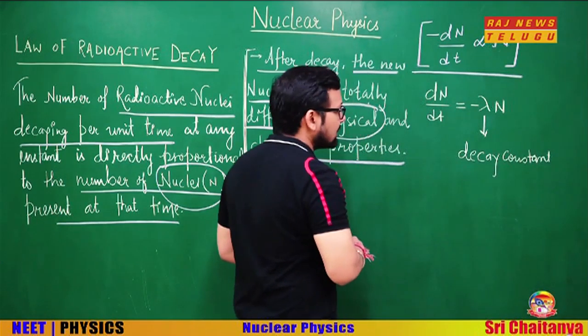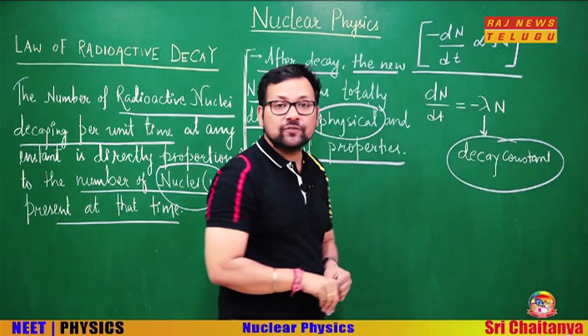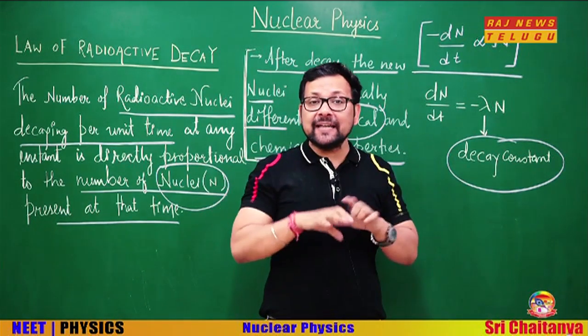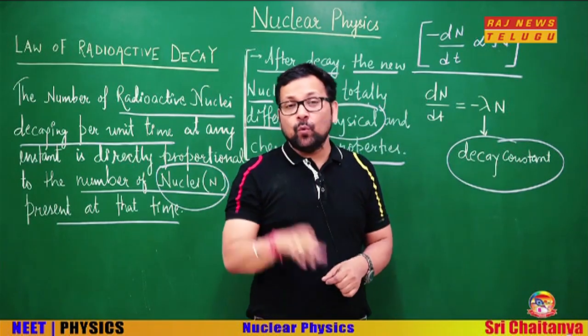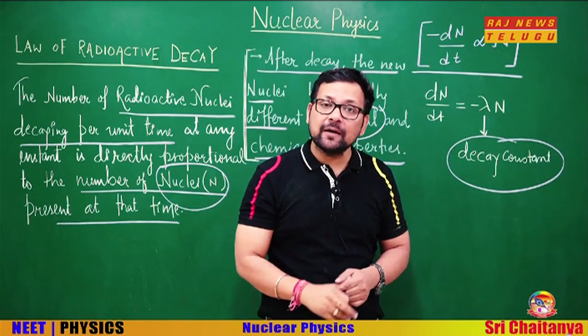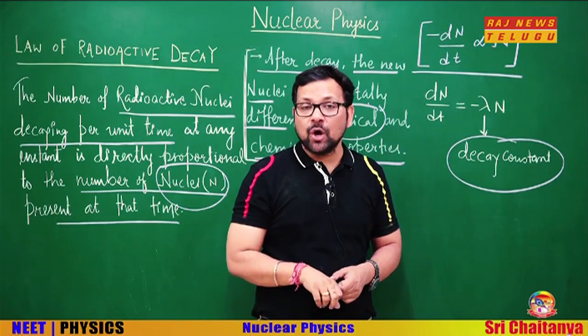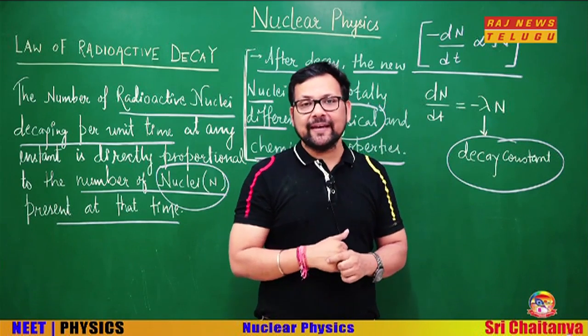Do remember, this decay constant is constant for a certain decay. Suppose there are 10 decays; for every decay there is a constant lambda. One proper decay has a proper constant lambda. Listen carefully students, lambda is not a universal constant, rather it is constant for one decay.